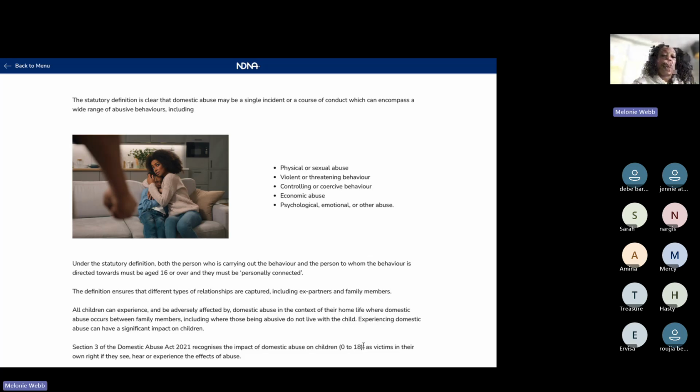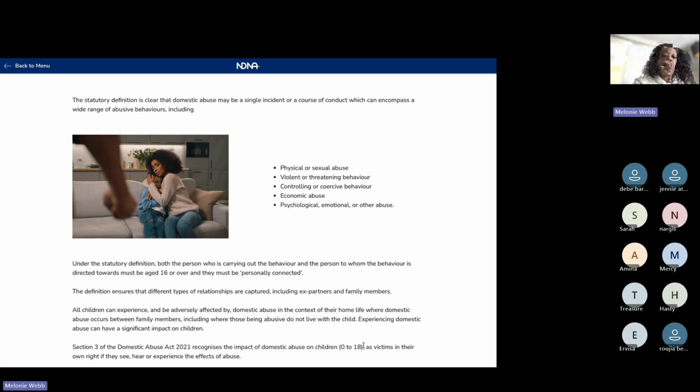It doesn't necessarily have to be between the mum and dad, but a fight within the home, or it could be that there's a series of things that have been happening and that continue to happen that children are being made aware of. So it includes behaviours such as physical and sexual abuse, violent or threatening behaviour, controlling or coercive behaviour, economic abuse, psychological, emotional, or other abuse.